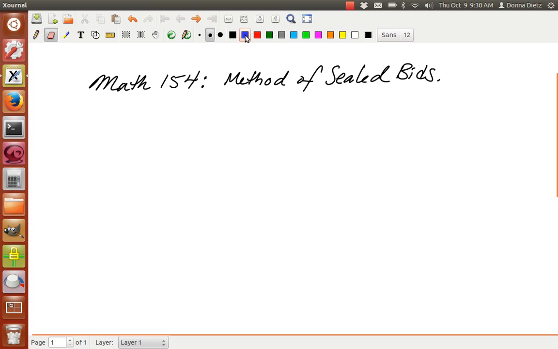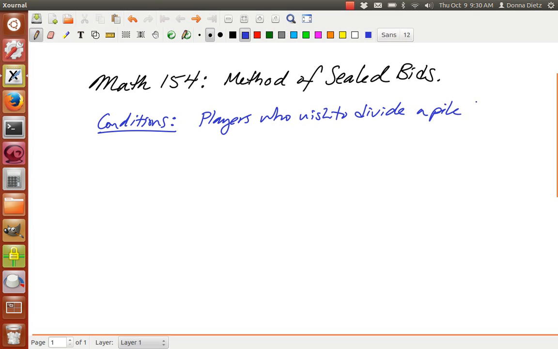Okay, so in the method of sealed bids, you have to have certain conditions, otherwise you don't have the option for fairness. The important conditions are that the players who wish to divide a pile of objects fairly have cash to make this job easier.